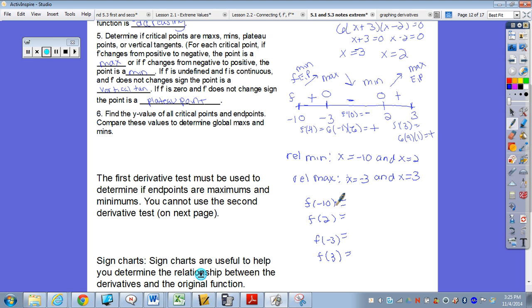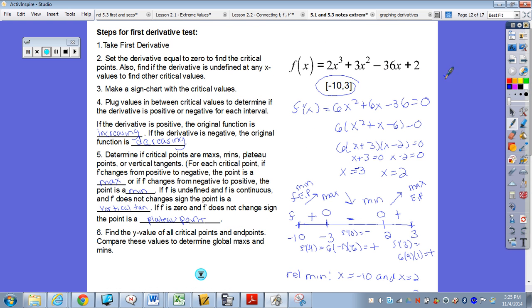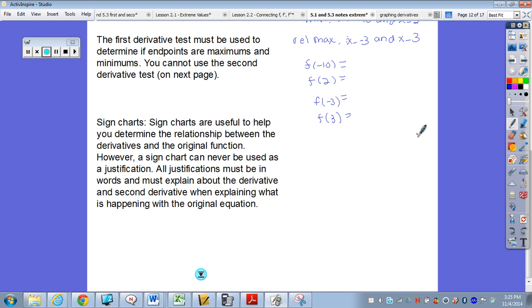So you're just going to plug these back into the original. You can pause to do that, but I'm going to come up to my original function, which is all the way up here, and plug them in to get the y values to see what's the highest and what's the lowest. If you do that, -10 is 66. 2 is -42, -3 is 83, and 3 is -25.